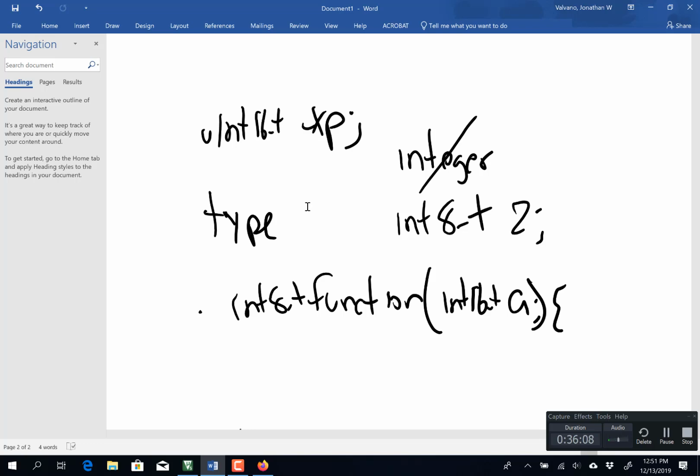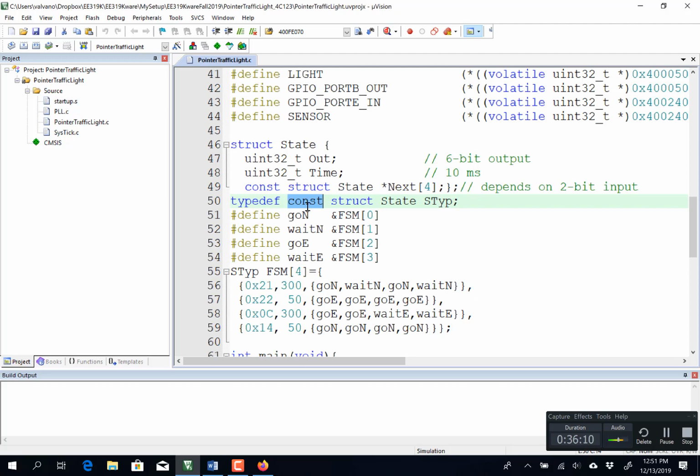And so the question that you asked is, what is line 30? I just created a new type. Every time I use STYP, I can use it before any of those things we talked about.